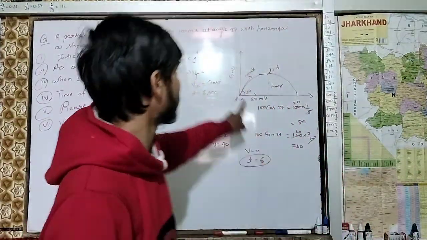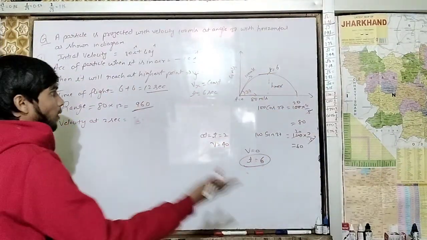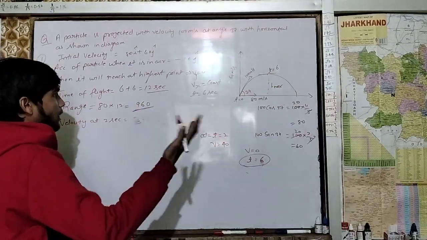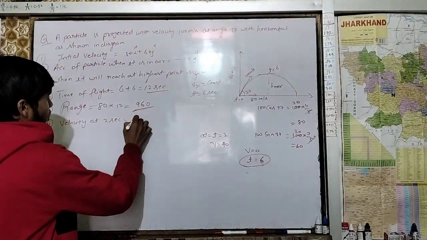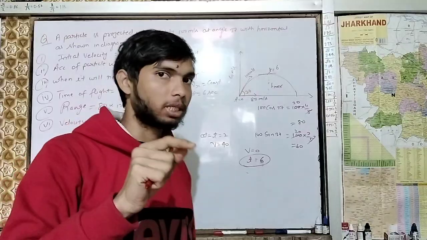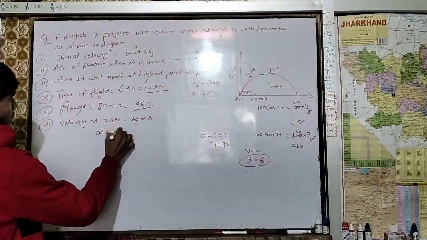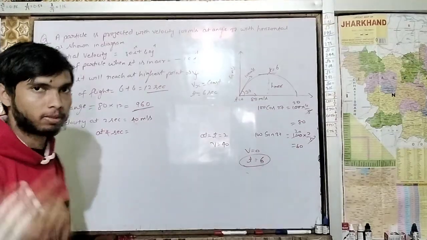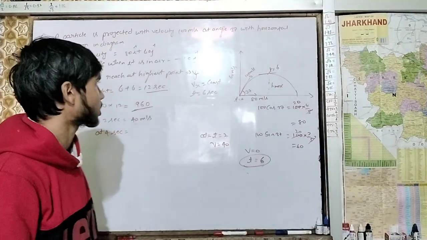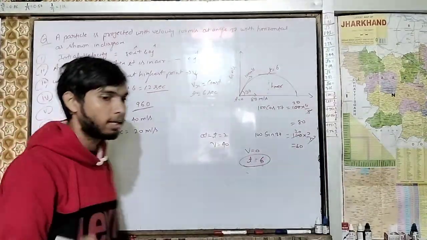So initially this is 60 minus 20, which will be the velocity at 2 second. So 40 meter per second. This is our velocity at 2 second. Remember, at 4 second, acceleration will become 40. So 60 minus 40, 20 meter per second is the velocity at 4 second.